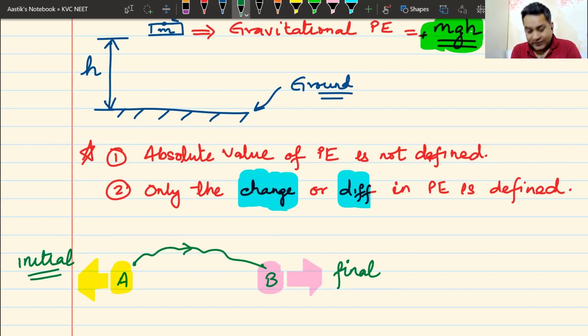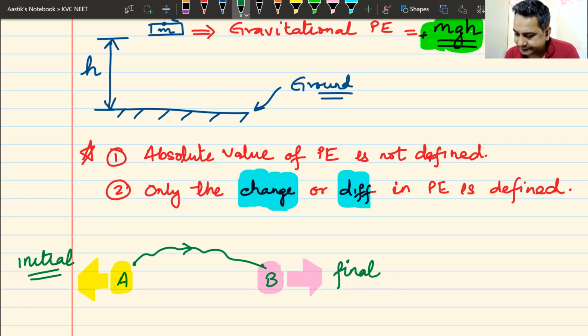So far, so good. Nothing has changed. Now, when I say change, change is always final minus initial. That is how it should be said. Difference in energy is always initial minus final.